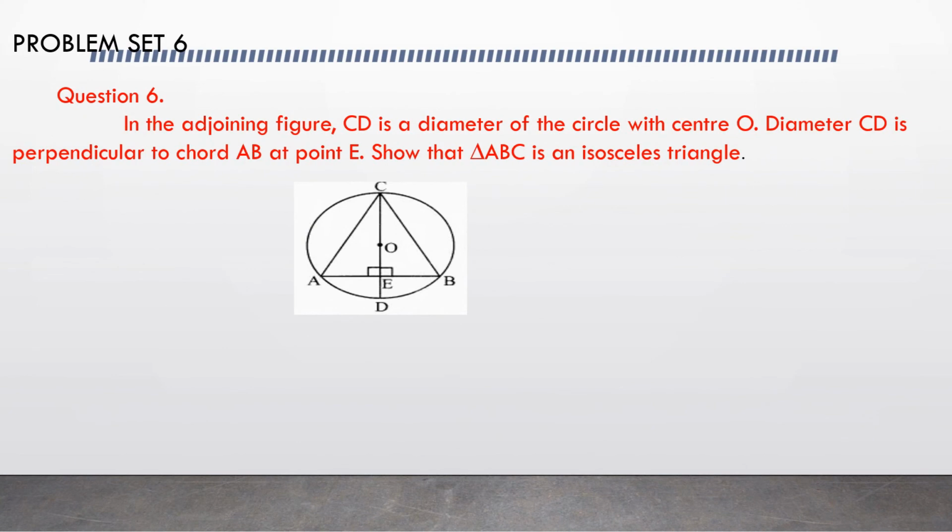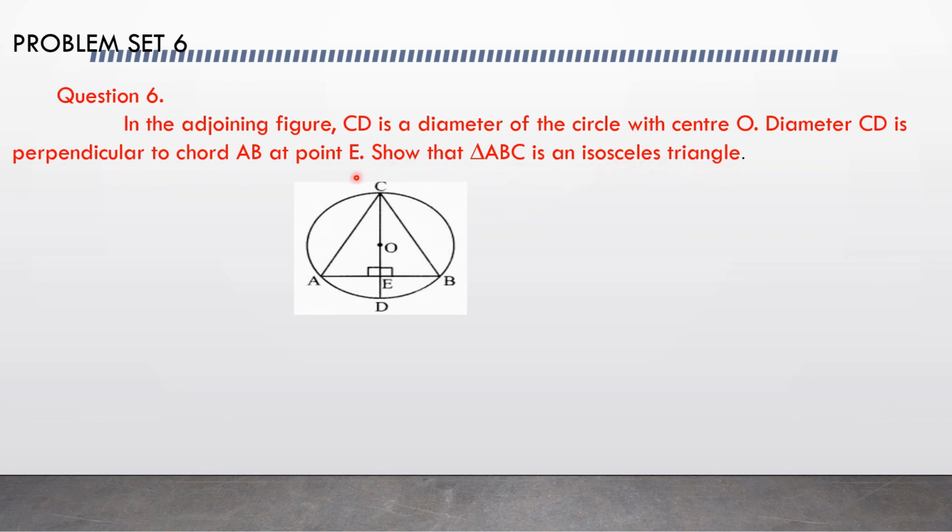Question number 6. In the adjoining figure, CD is a diameter of the circle with center O. Diameter CD is perpendicular to chord AB at point E. Show that triangle ABC is an isosceles triangle. The figure is already given.